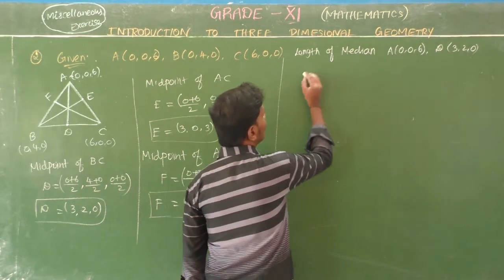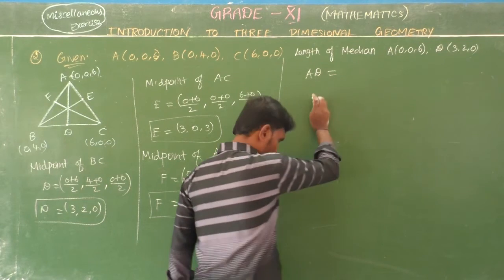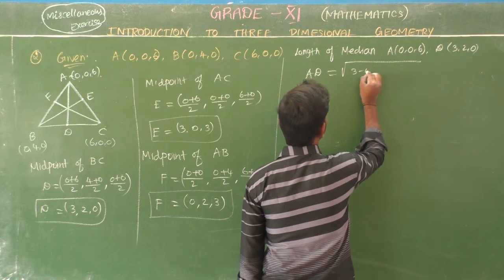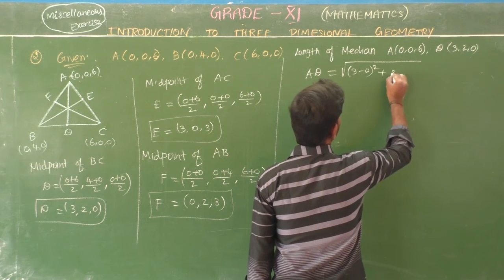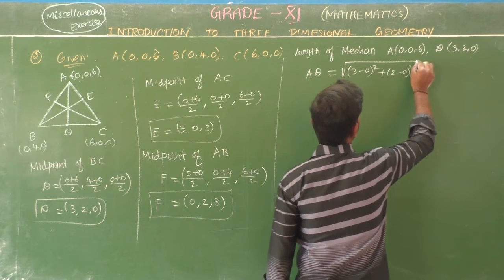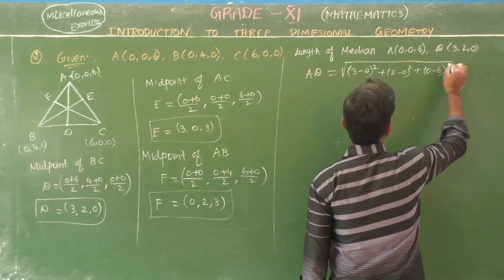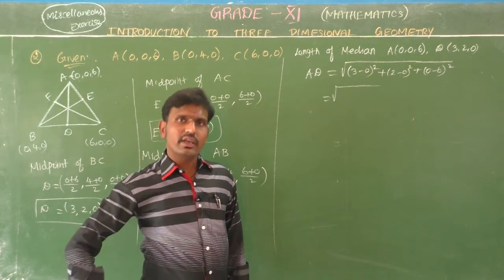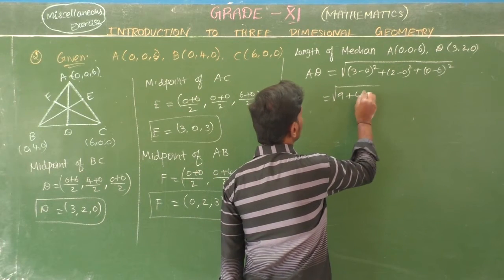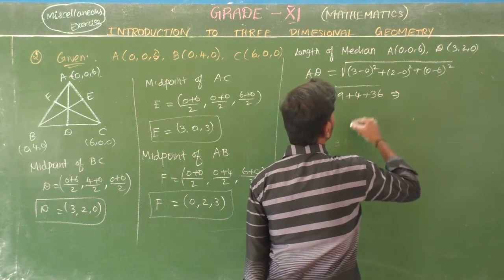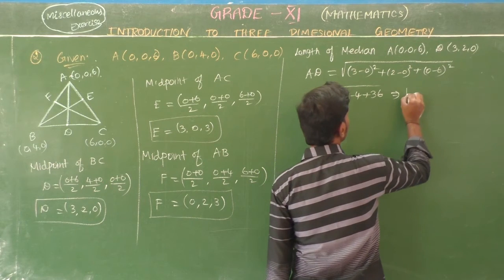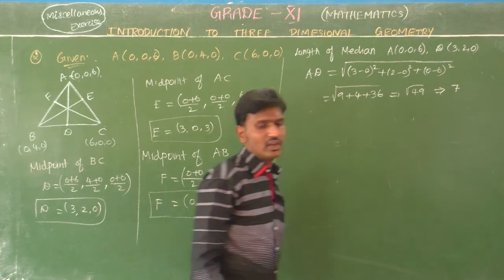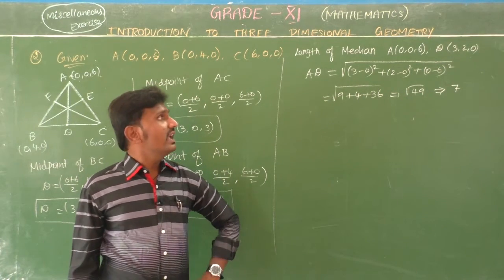AD equals the square root of (3 minus 0) the whole square plus (2 minus 0) the whole square plus (0 minus 6) the whole square. So 3 square is 9, 2 square is 4, and 6 square is 36. Finally 36 plus 4 plus 9 is 49, so the answer is 7. So the length of the median AD is 7.